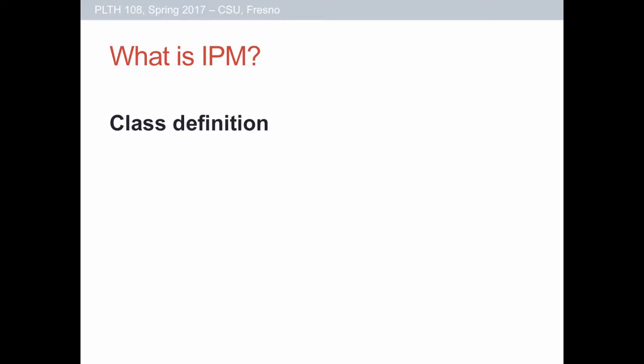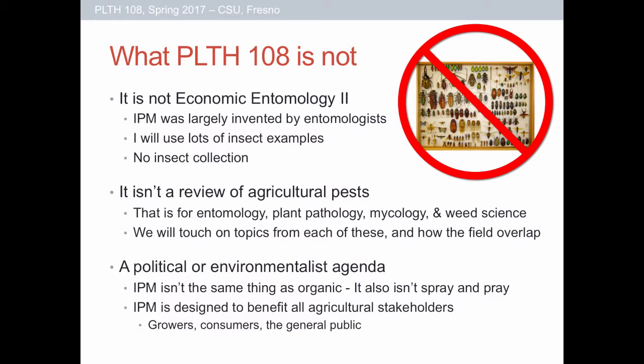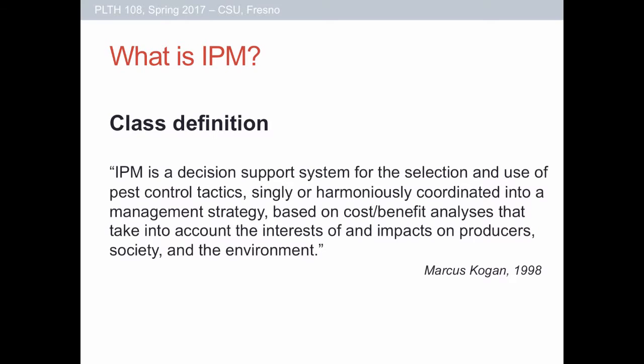And that's why you get some situations where I have people busting my chops over a test question because IPM means something different to them than it does to me. So with that, I think it's helpful to be on the same page and to have a basic class definition that we will be working with for the rest of the semester. And that's this one.